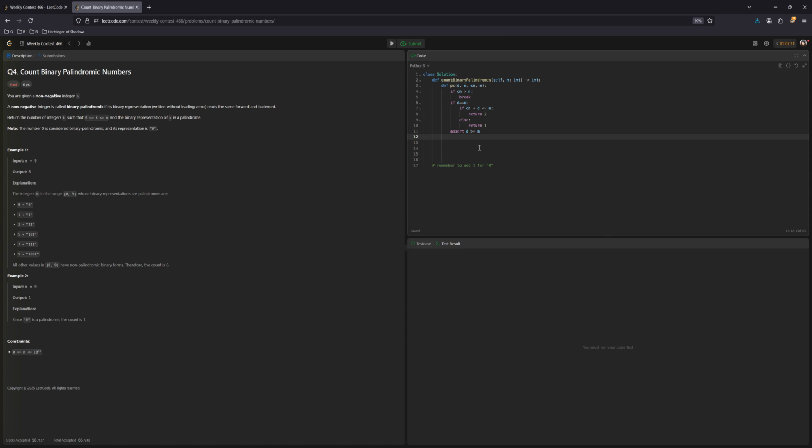And then we have to... All right. If Cn plus 2 times D is lesser than or equal to n.